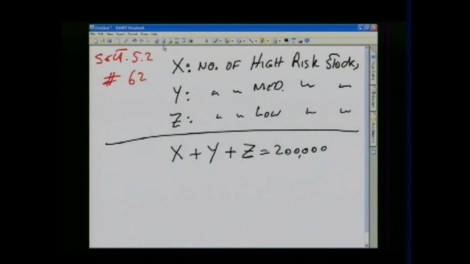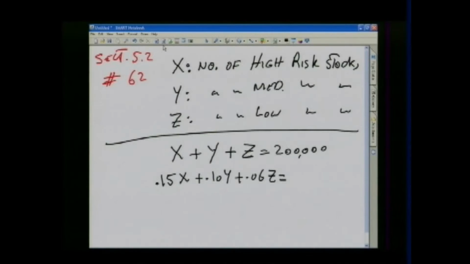So if I have 0.15x plus 0.10y plus 0.06z, it says this return on these stocks should give him 9% a year of the total investment.